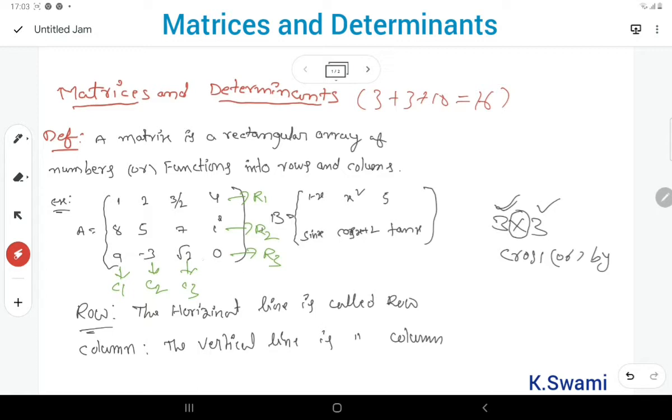So a matrix can have numbers and complex numbers, and also a matrix can be formed by functions. 1 minus x is an algebraic function. x square is also an algebraic function. tan x and cos x plus 2 sin x, cos x plus 2 tan x are trigonometric functions. So a matrix arranges numbers and functions into rows and columns.